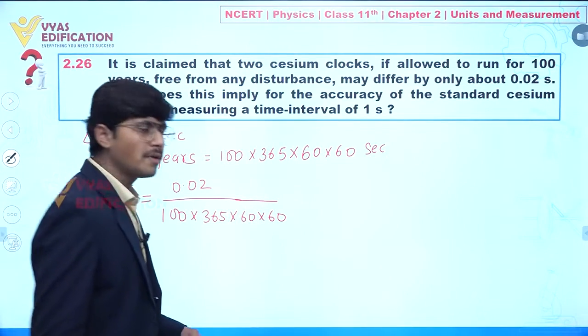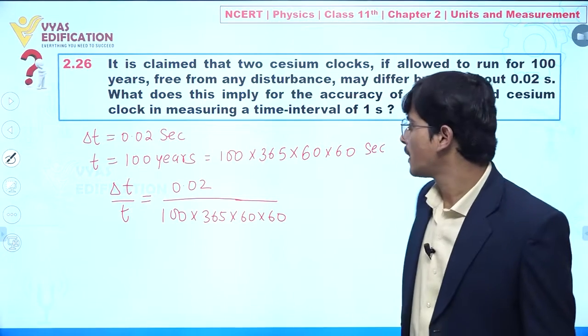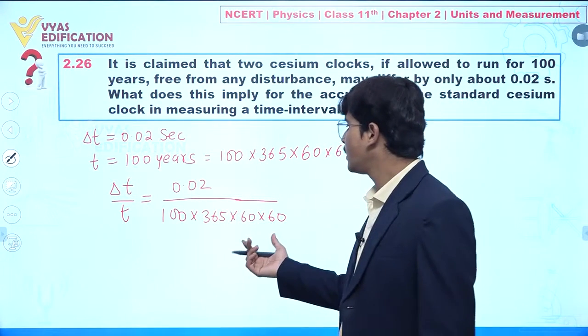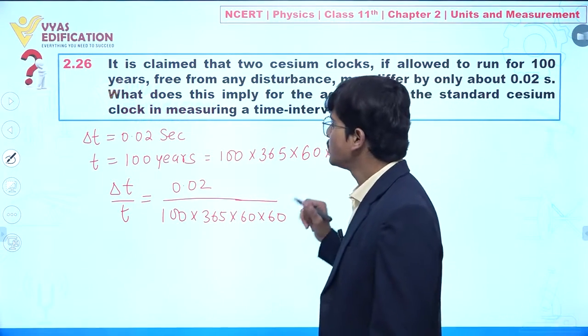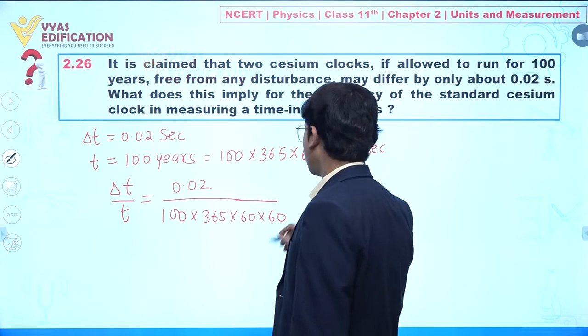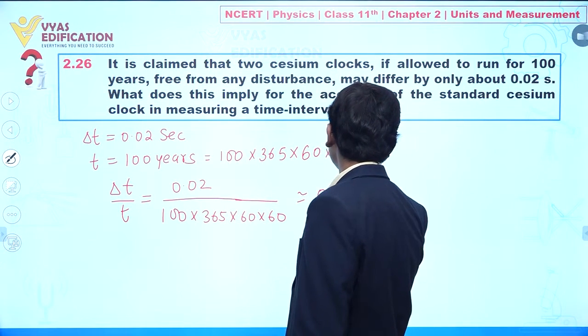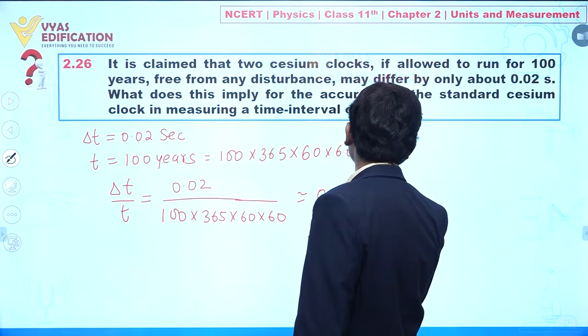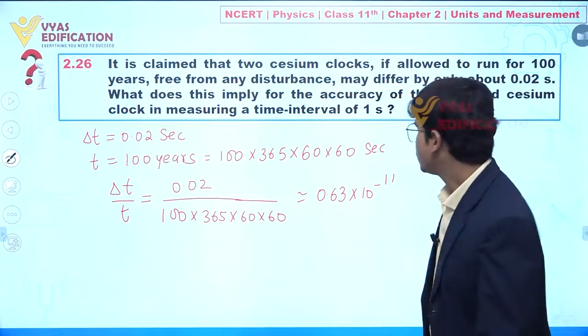If you solve it, you will find the answer will be near about this one. This is the fractional change.